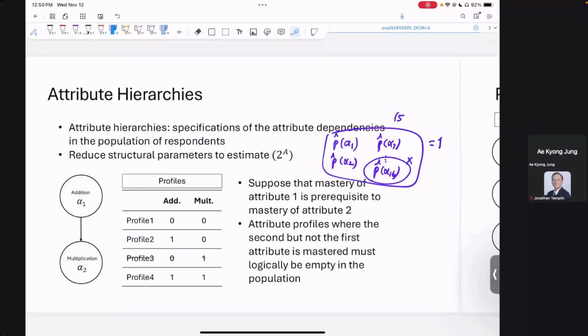But if you see profile number 3, addition is not mastered and multiplication is mastered. Is that possible? To master multiplication, addition needs to be mastered. So this profile is not available in this sense.